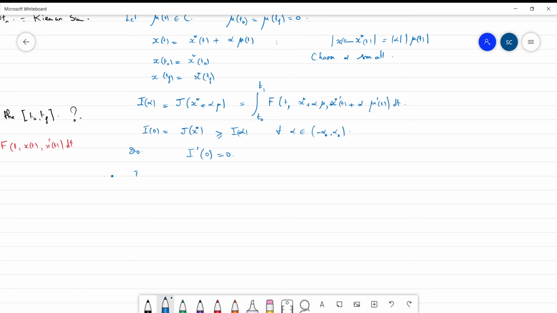So let's continue. To compute the derivative here, we use many tools.